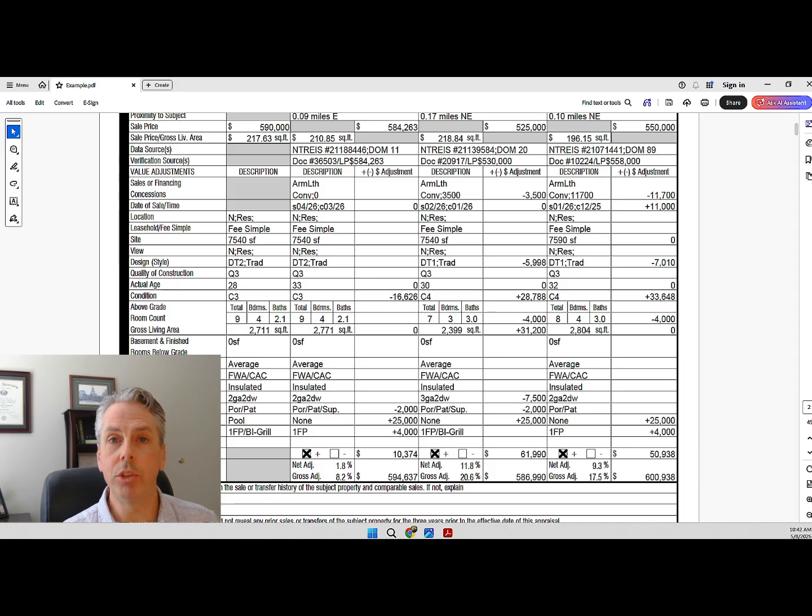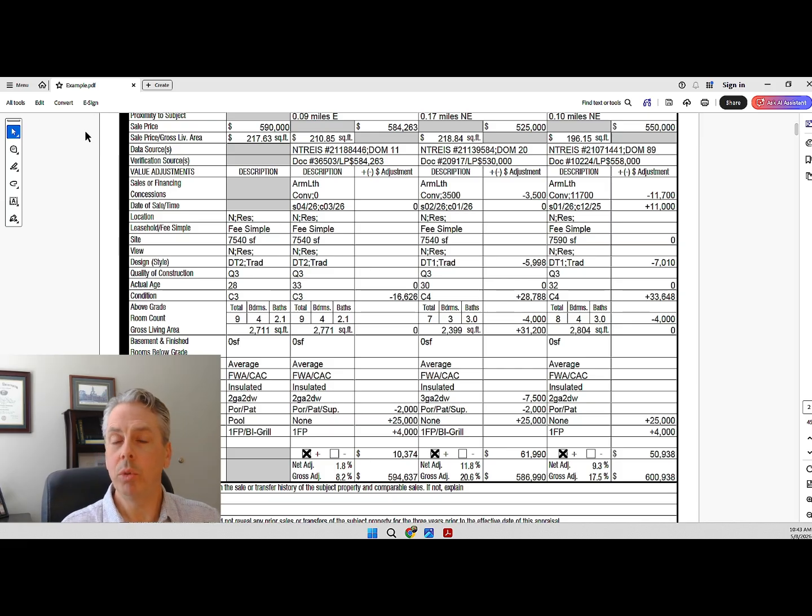So if we want to do a qualitative reconciliation, then by all means, we need to say, well, which one's the most similar? And I'm looking then not at the adjusted sale price, but the actual sale price. Okay, which one of these is most similar to the subject property? Well, in that case, I might say that out of these comps, the first comp would be the most similar before adjustments.